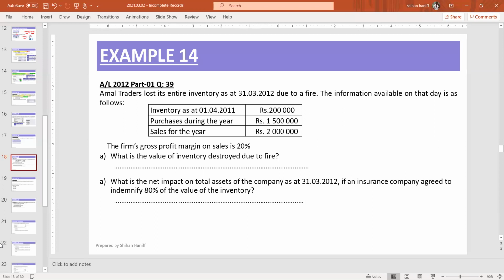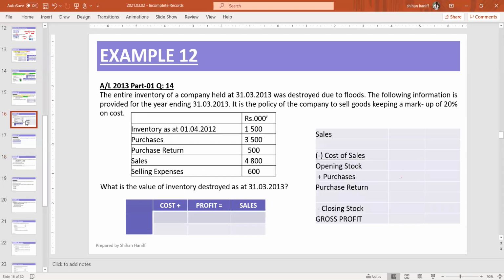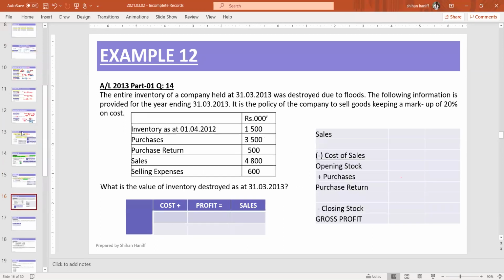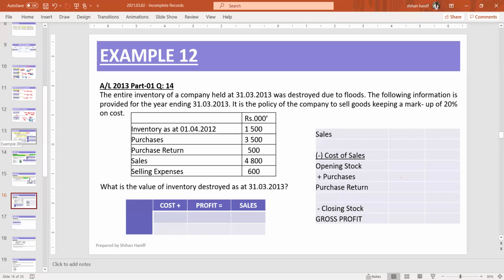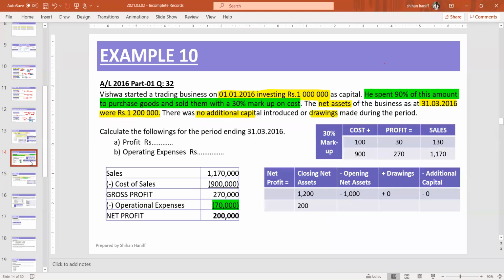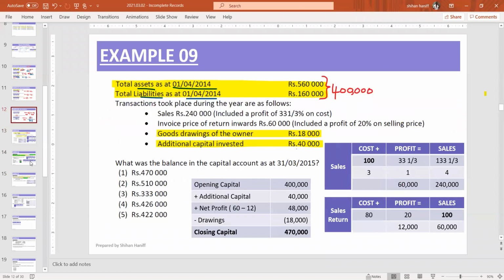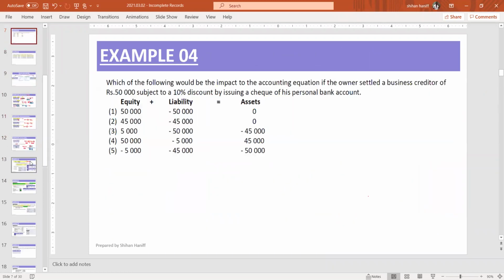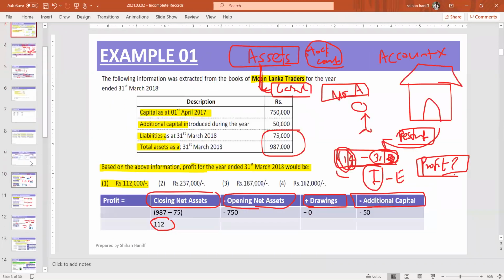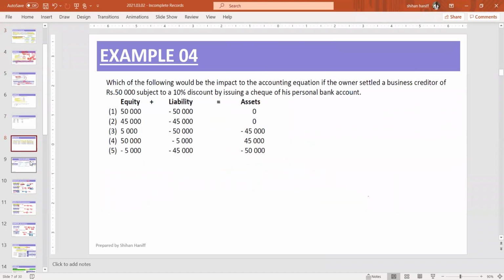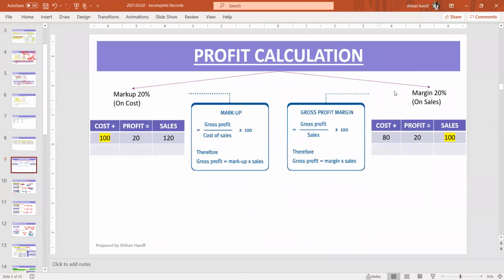Okay. Is it clear the profit margin markup calculations? Any doubts up to this point? So the final summary is this.